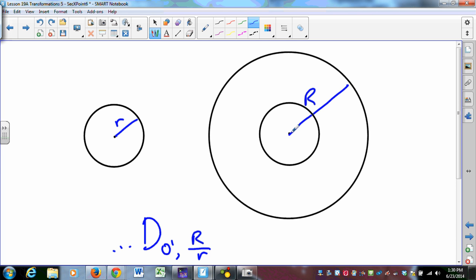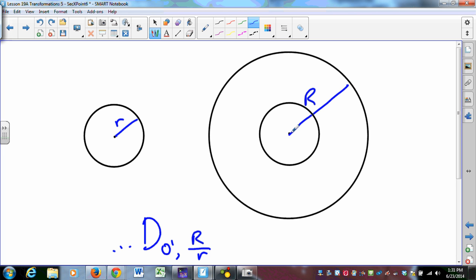And similarity transformations do all the things you think they're going to do. They keep collinear points collinear, they keep segments segments, and lines lines, and triangles triangles, and circles circles. They do all the things you expect them to do because a dilation is just a stretch in all possible directions. Okay?